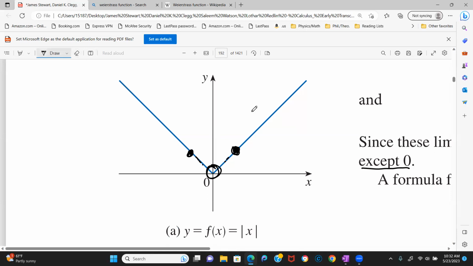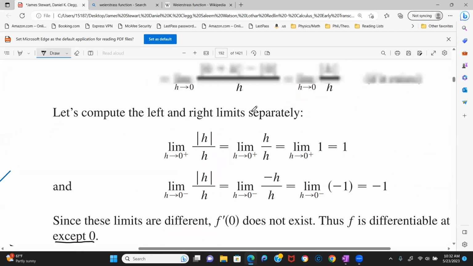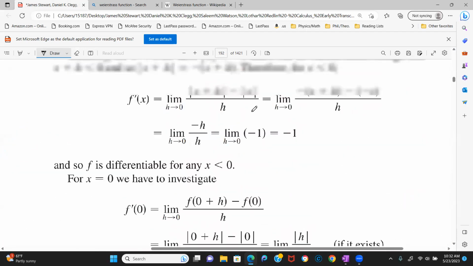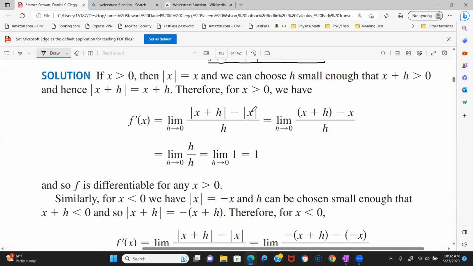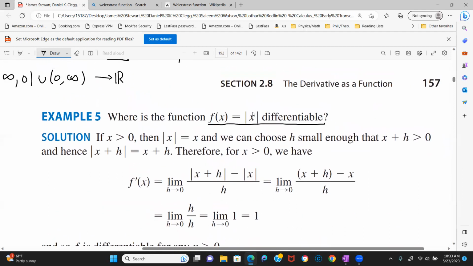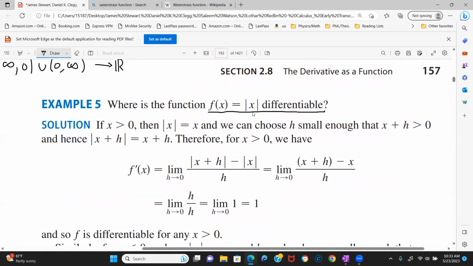So now let's see the actual work and see how this works out. Keep that intuition in the back of your mind. What we're going to do is compute the derivative. I don't like how they're doing this, actually.